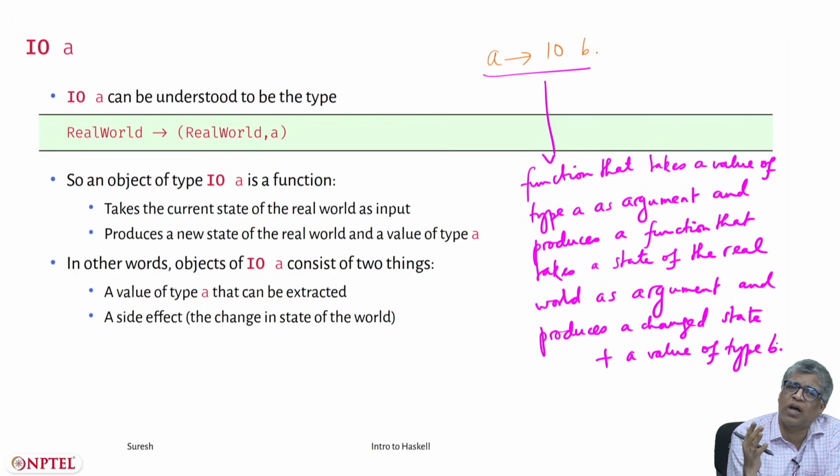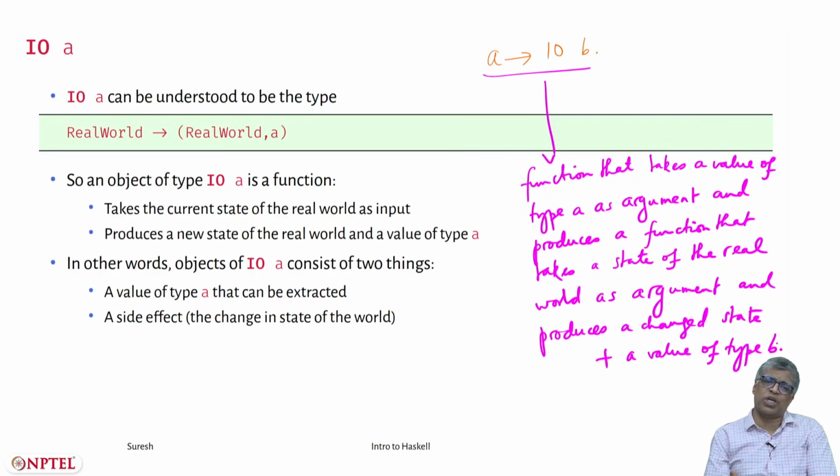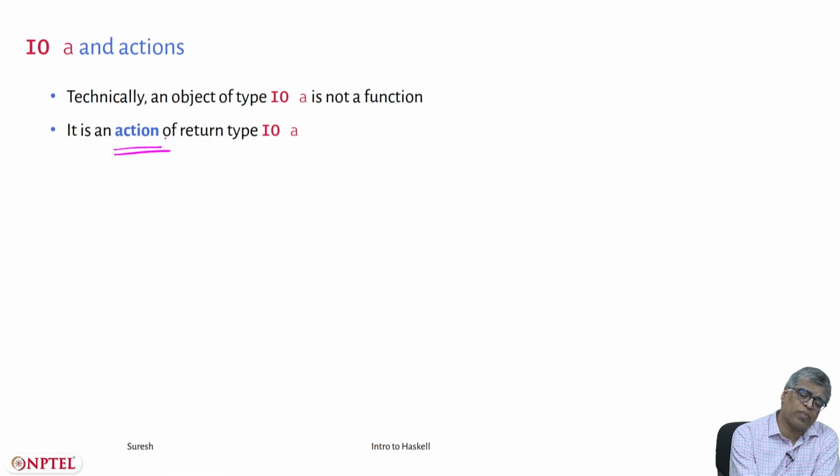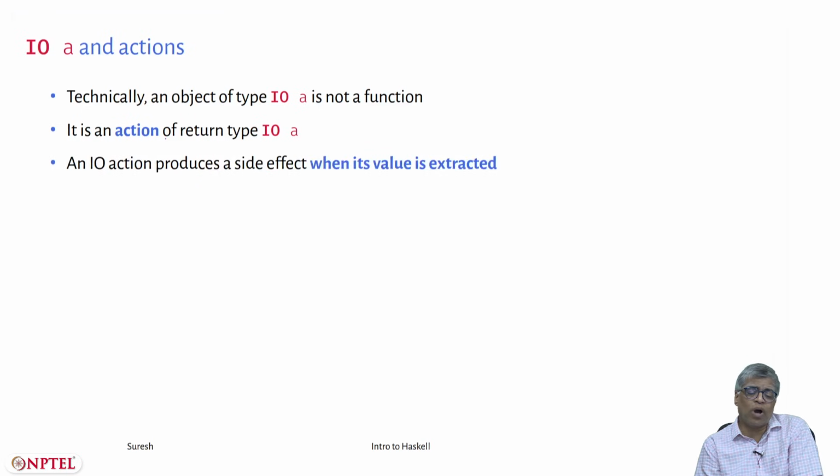Okay, but it's still a change in the state of the world. Okay, because something about the real world has changed. Earlier, me as a user did not see a line on the screen. Now I am seeing a new line. Okay. So technically an object of type IO A is not a function, but I mentioned the word action just now. So it's an action of return type IO A. An IO action produces a side effect when its value is extracted.